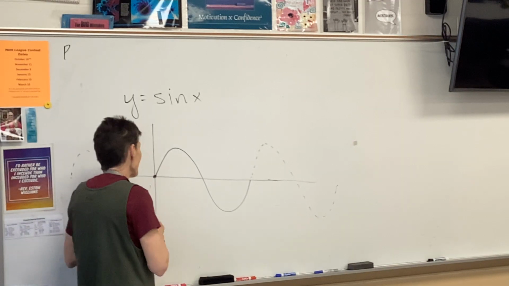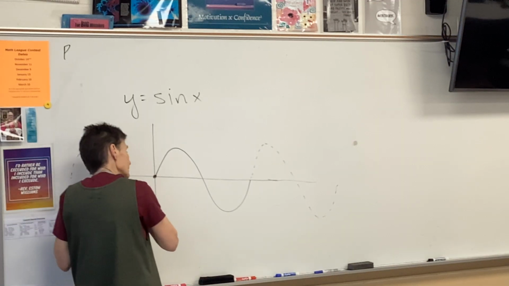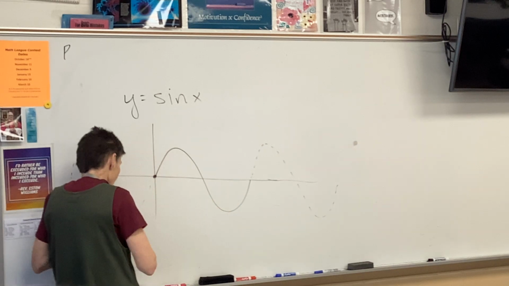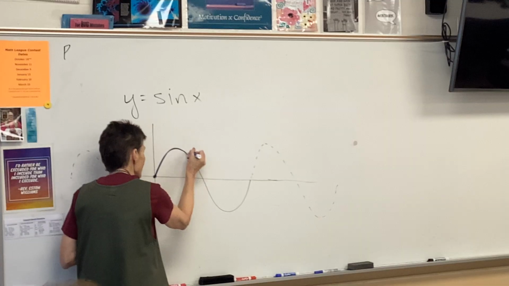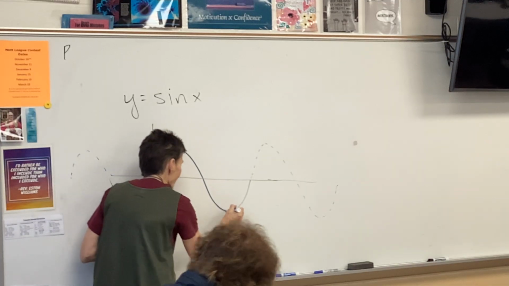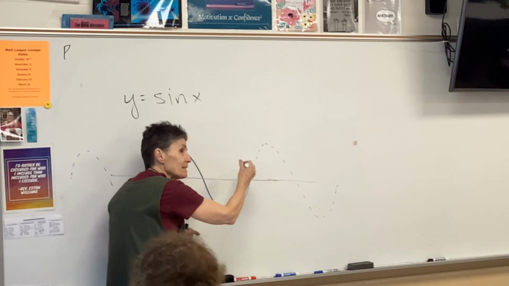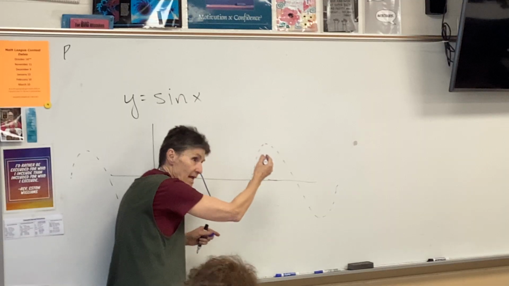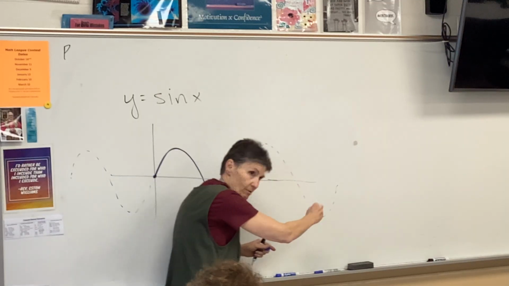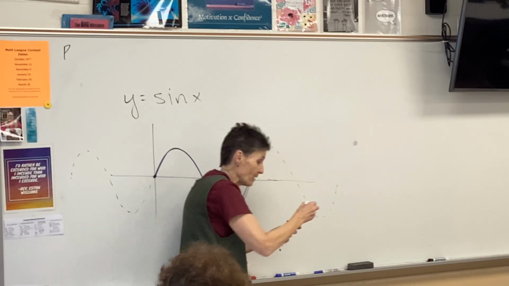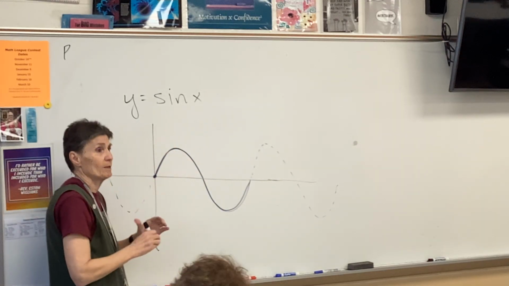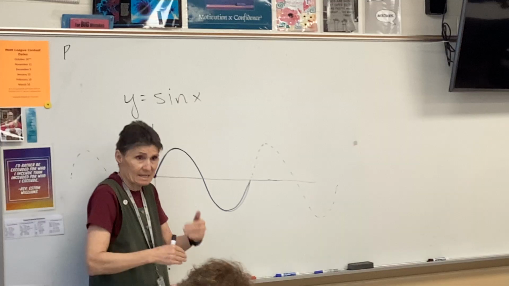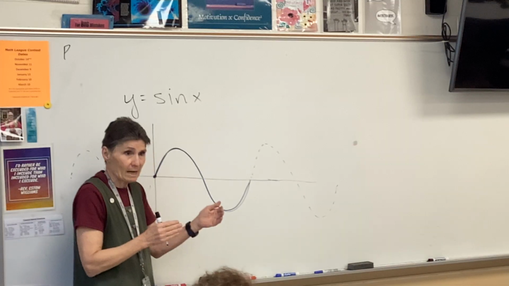But we generally don't draw it forever, because once you draw a hill and a valley, everything else is just the same. It's another hill and another valley, and another. This is called a periodic function. It repeats itself over and over again.